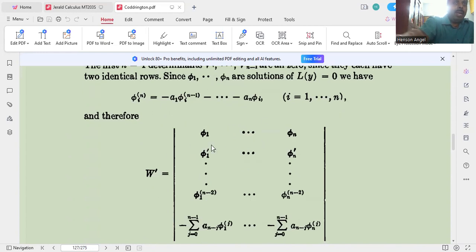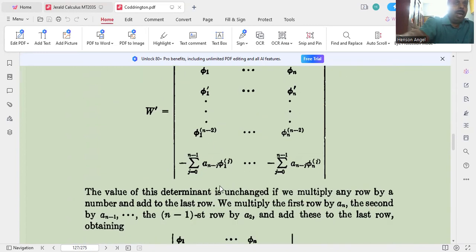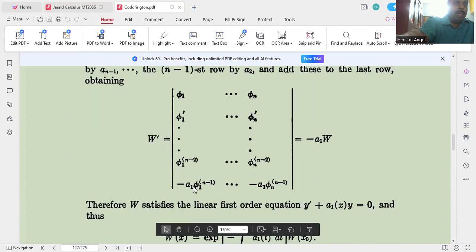So in this determinant, the first elements in the last row will be −a1, and here we can take out −a1 as the common element from the last row.